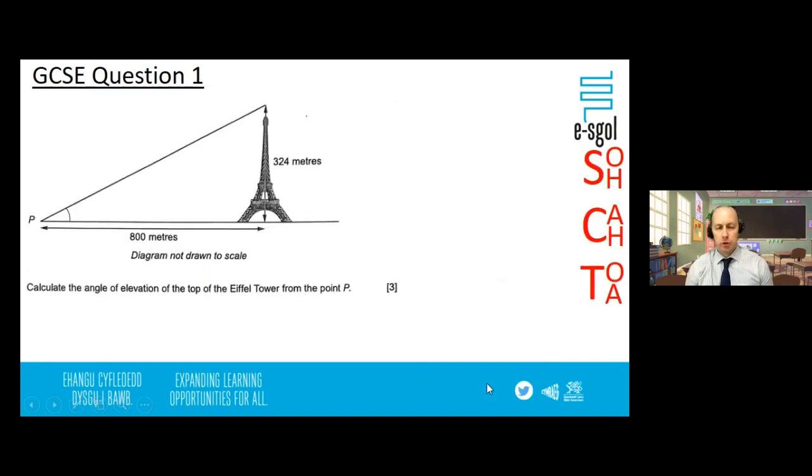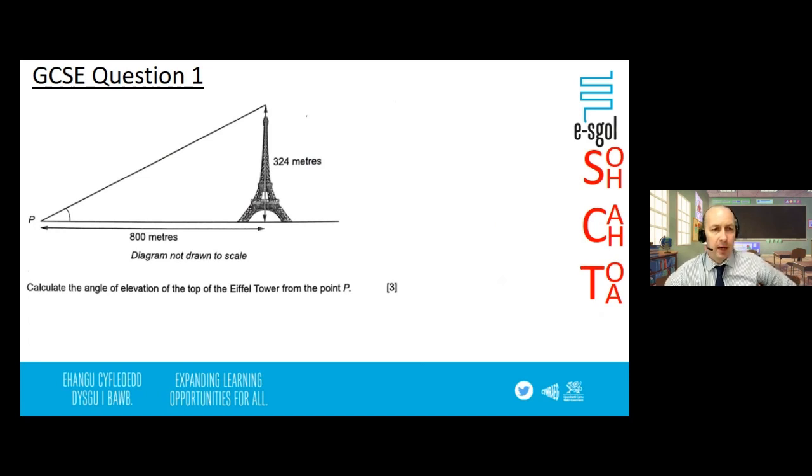Okay, so here's a typical GCSE question. We've gone from just what we call a procedural question, with just the triangle, to something with a bit of context: the Eiffel Tower. Let's have a quick look at the question, and then I'll give you an opportunity to pause the video and have a go before I come back in and discuss the answer. It shows us the Eiffel Tower and the height of that in meters.